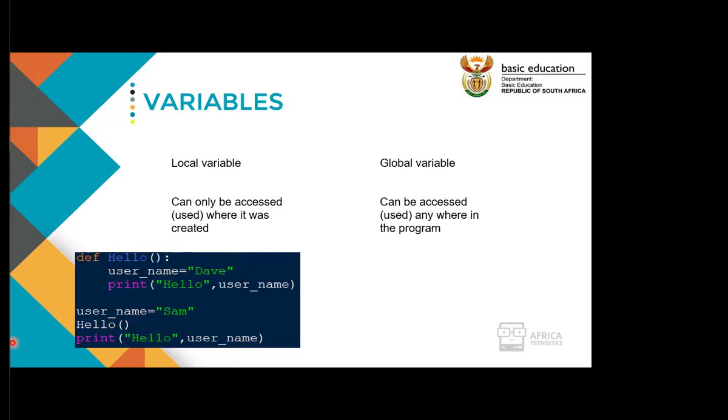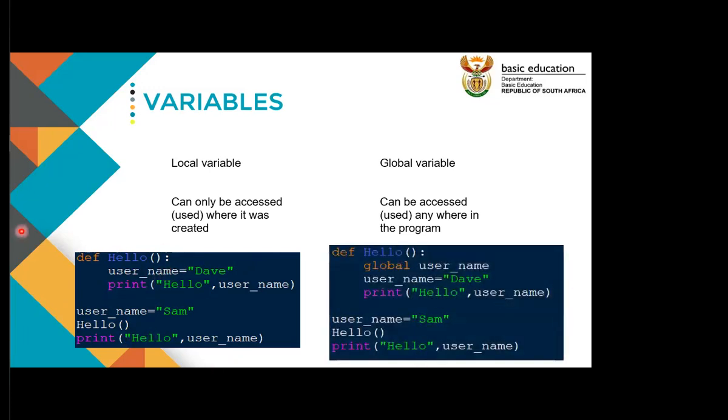And the format for that will be as follows. You'll notice that it's almost the same code except for one line extra. The definition is still there. The line that's extra now is I'm saying that I am using the username, but that username must be global.